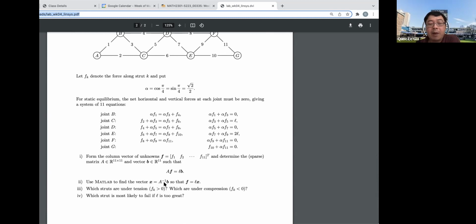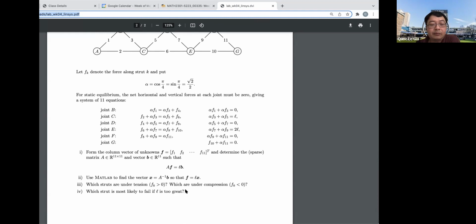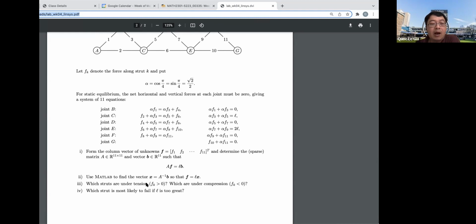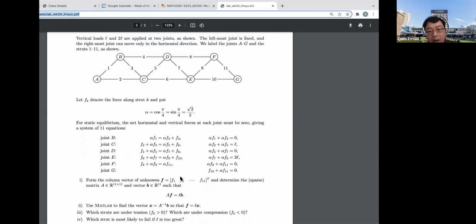You just have A backslash B and that's it. And another question comes from interpreting the solution. But again, the whole point of this question is just for you to realize that linear systems do arise in practice. What you're doing is just a part of the whole picture. Does it make sense?